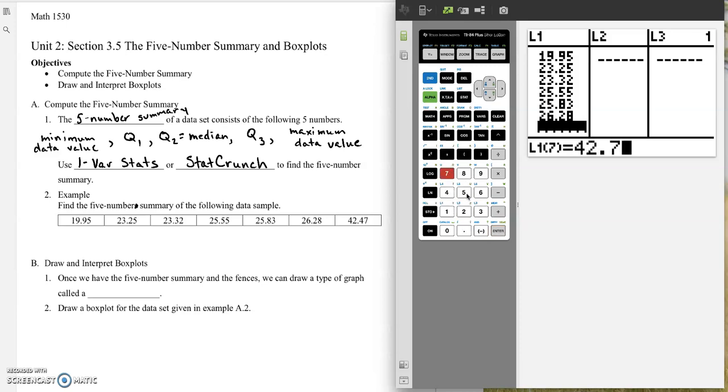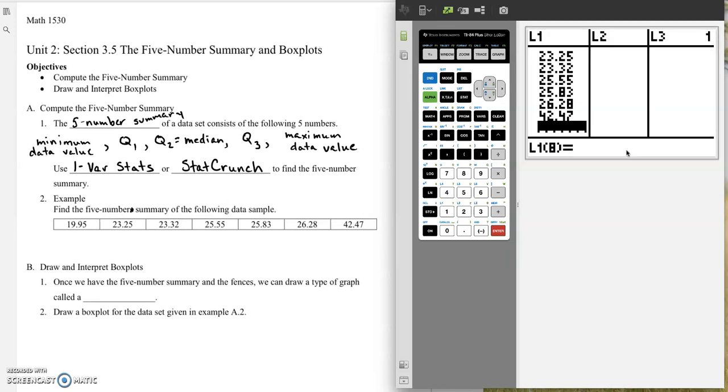Whoops. Okay, I just entered that last number wrong. So if I need to fix it, I can just use my arrow key to go back up to where it is and just type the correct number. So 42.47.